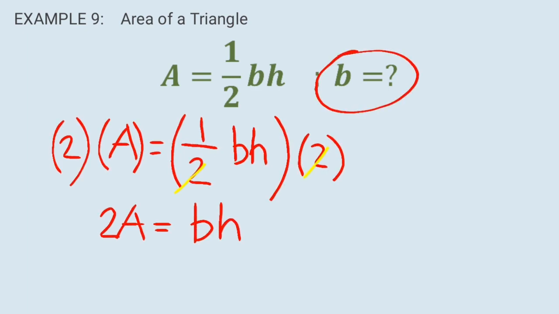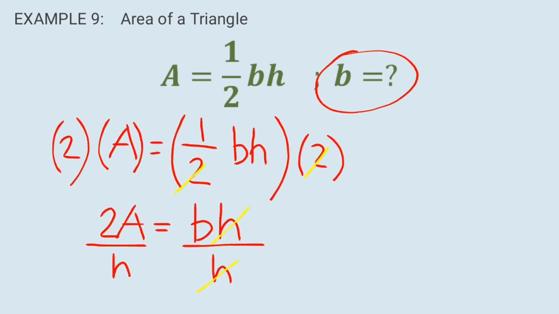What is the formula for b? As we can see, b has h on its side. So we have to remove that h. In eliminating that h, we have to divide by h here and also divide by h on the left side. Now, let's cancel it out.